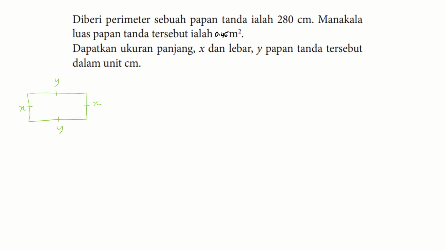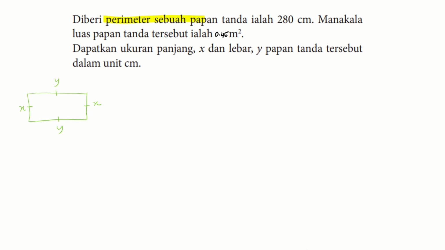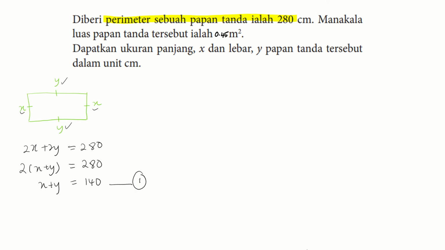So since the perimeter is 280, 2x plus 2y, because we have x plus x to 2x, y plus y to 2y, equals 280. So 2x plus 2y equals 280, x plus y equals 140. Our first equation.